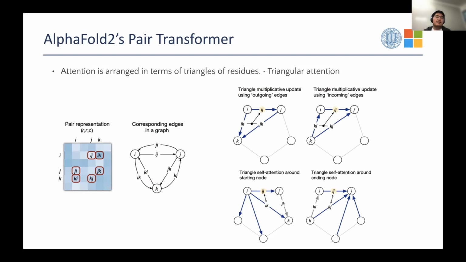So the graph itself is the complete graph between every two residues. The length of one protein is typically hundreds of residues, so the graph for one particular protein is not that large, because the number of nodes, the residues, is about hundreds. So that's for the corresponding edges in a graph and how we are defining a graph.